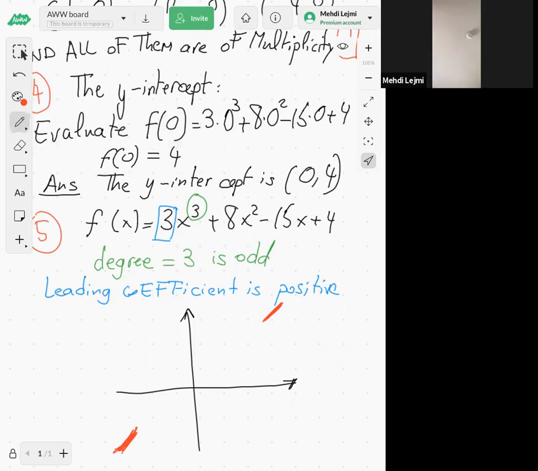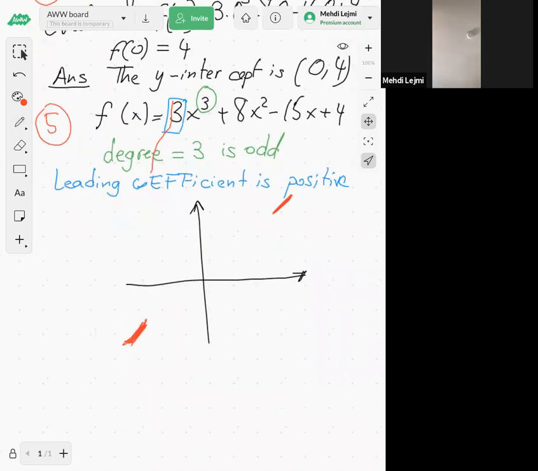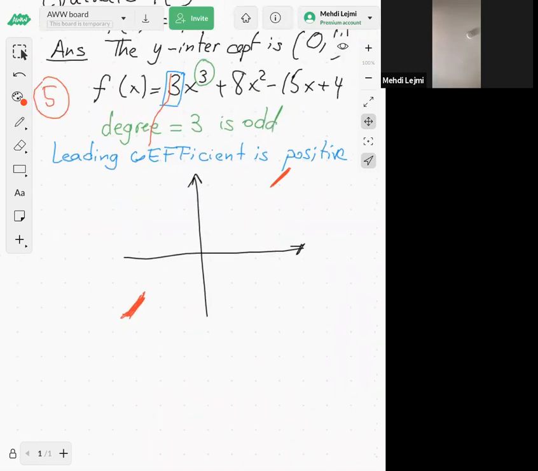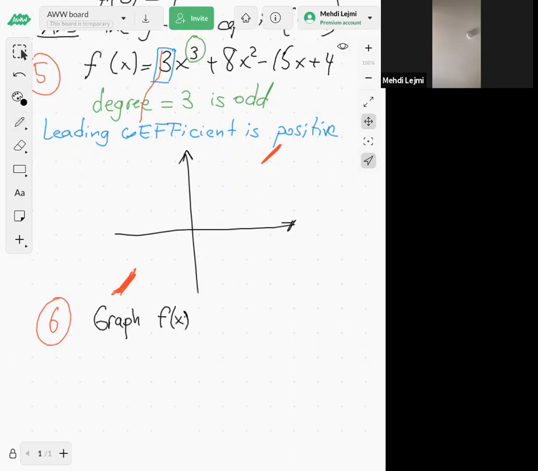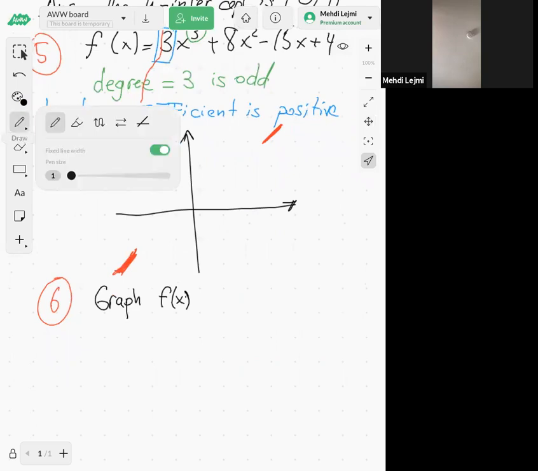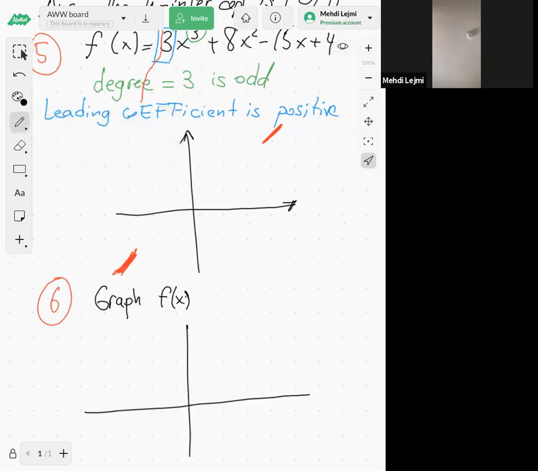Number 6, I can now graph f of x. We said at infinity the graph is going to be right here and right here.